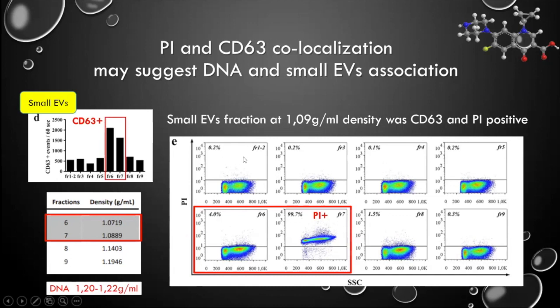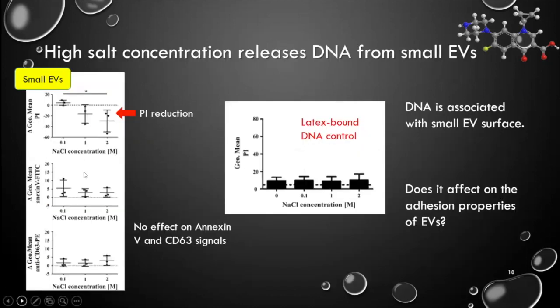So the small EV fraction at 1.09 gram per ml density was CD63 and propidium iodide positive, suggesting that there might be a co-localization of DNA in small vesicles. The authors also used a high salt concentration to release the DNA from the small vesicles.